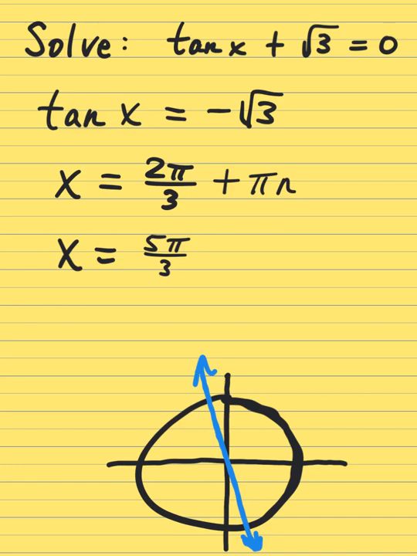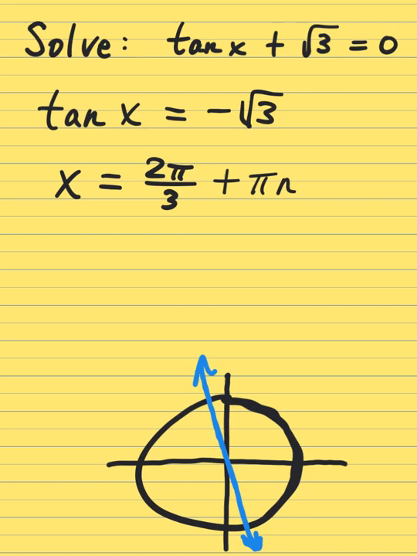So I'm going to take off the 5 pi over 3 because it is covered by this pi n angle generator. If you take 2 pi over 3 and add 1 pi, that will take you to quadrant 4 down here on your unit circle, and it will put you at 5 pi over 3.